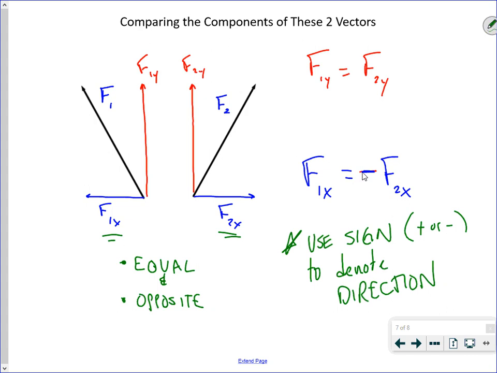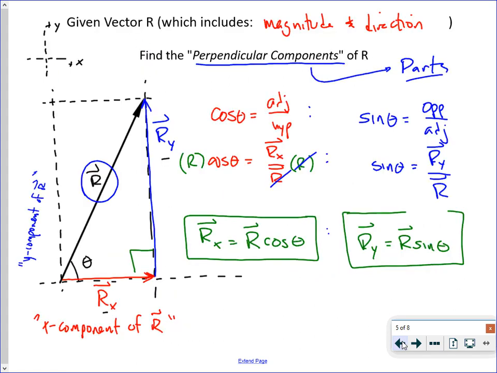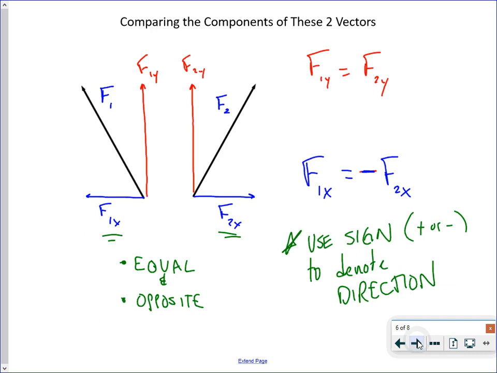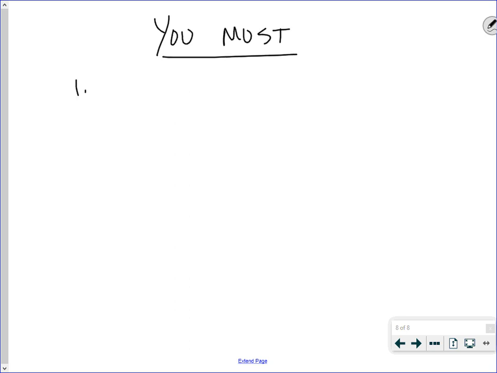Okay? So that's a look at what we call vector components. You need to be able to do the following. I'll type. It'll be neater.